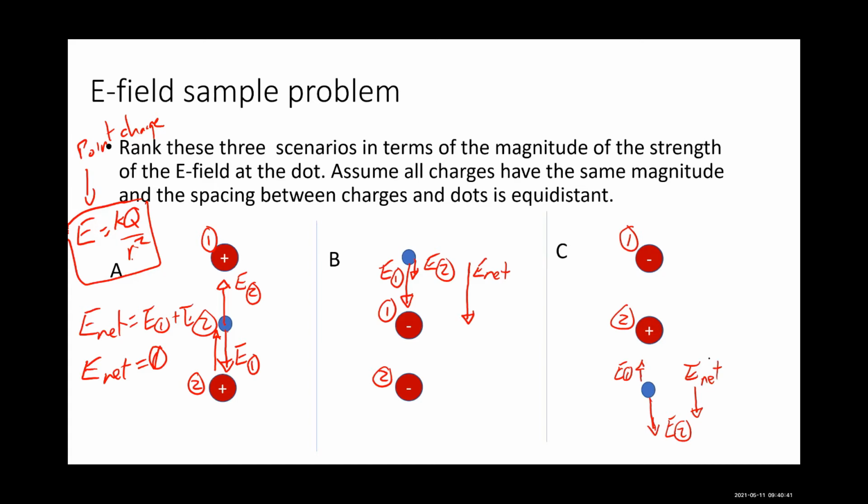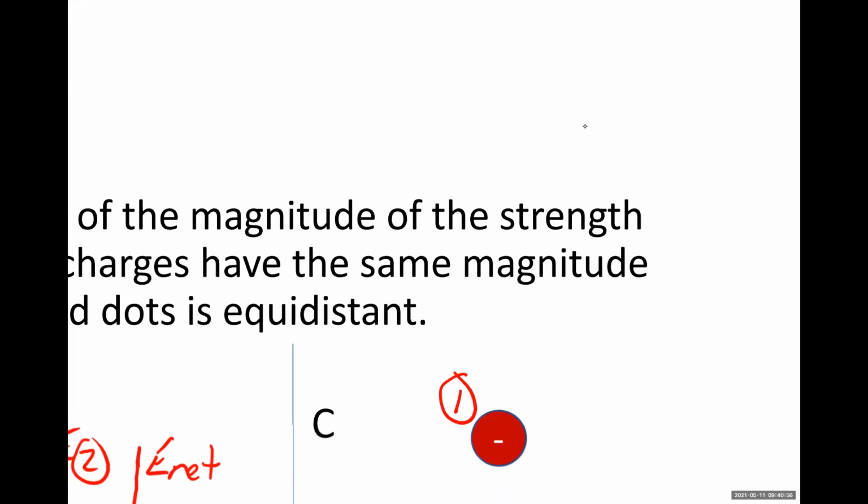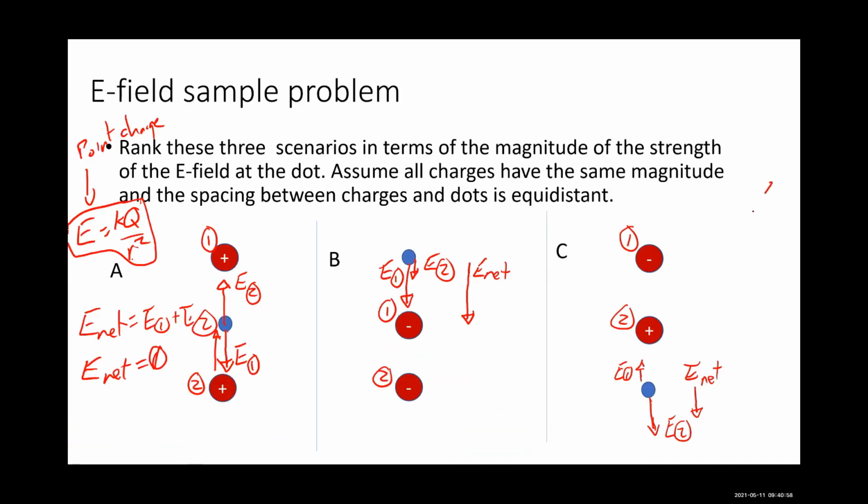Okay, so now I know enough to rank these scenarios. How I would have to rank them is just from the size, the magnitude, the strength of the E field. Well, A is clearly the lowest, because it's 0. And B is clearly the biggest because those two vectors add together, and C is in the middle because the two vectors oppose each other, and they create a net vector that is somewhere between 0 and the size of one of them.